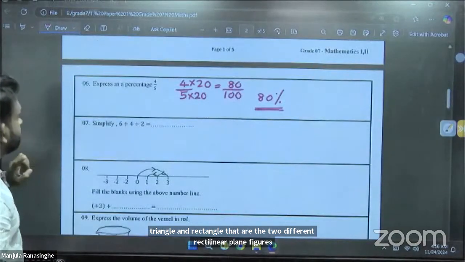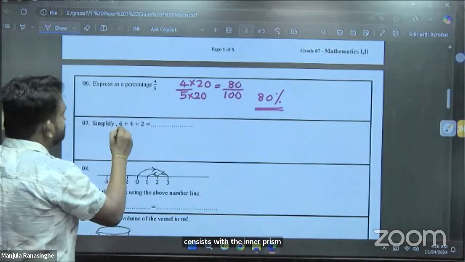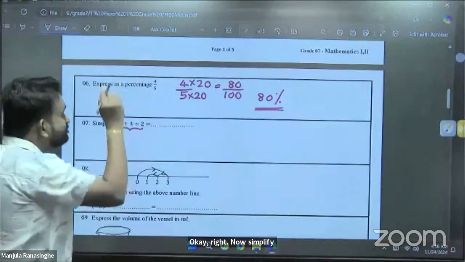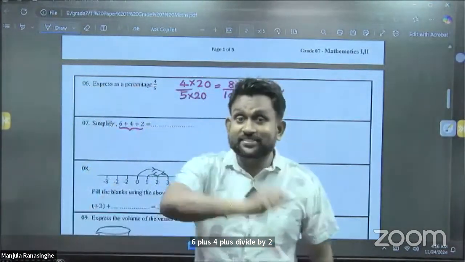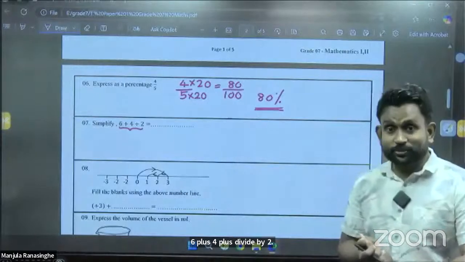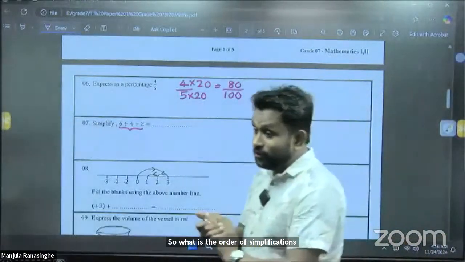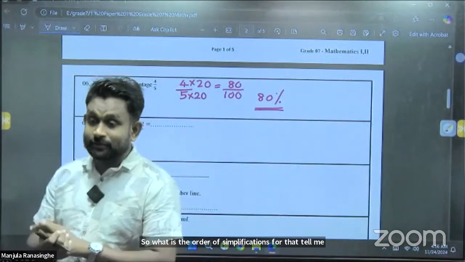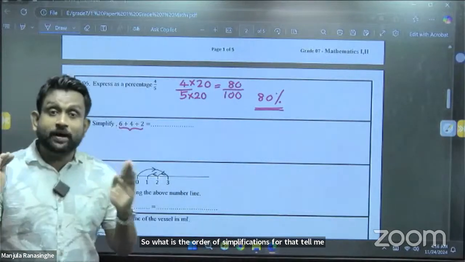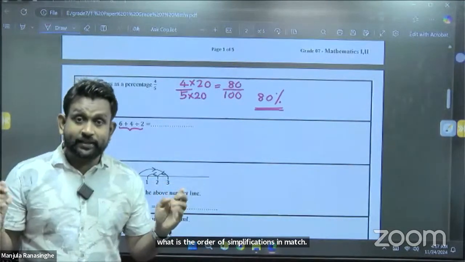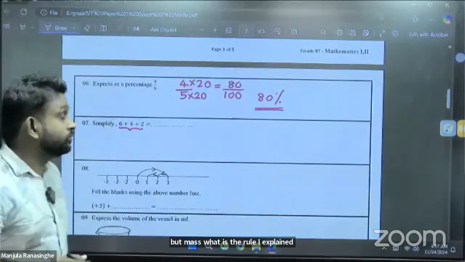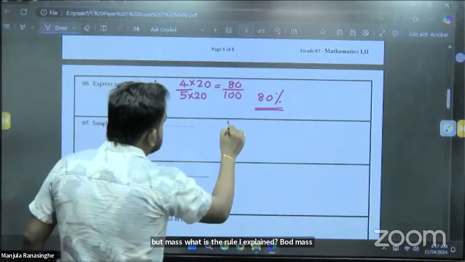Okay, right. Now simplify 6 plus 4 divided by 2. So what is the order of simplification, Puta? Tell me, what is the order of simplification in maths? BODMAS. What is the rule I explained? BODMAS. This is the order.